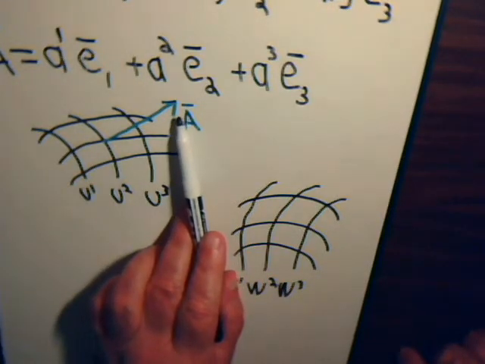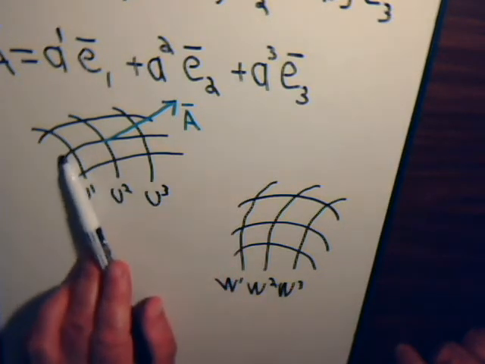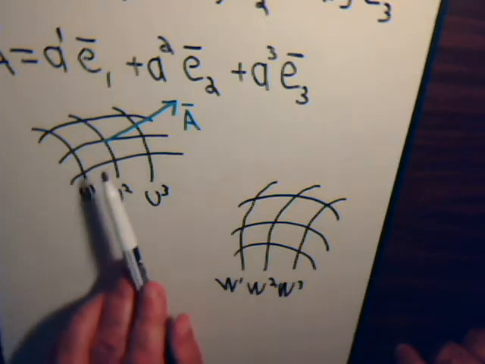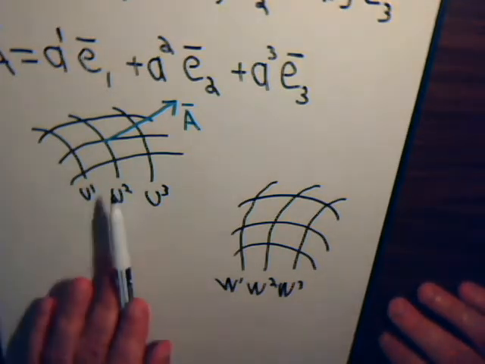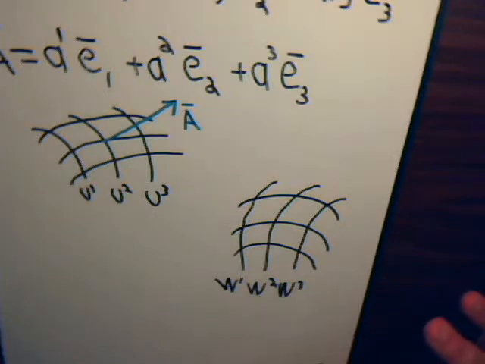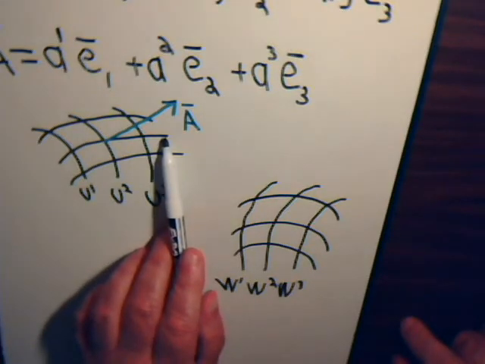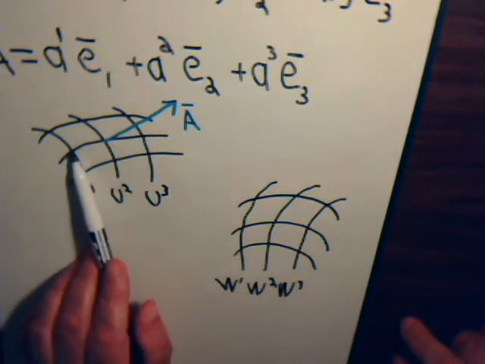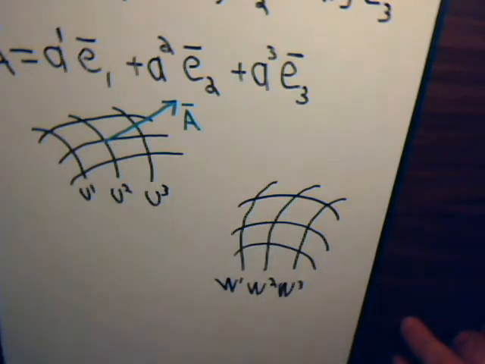Our vector, if it's expressed as the sum of the components along these different axes, and we know what the transformation equations are to go from U1 to W1, and we assume we know what the transformation equations are to go from W1 to U1, then that vector, if we transform it from here to here, will transform as a contravariant vector.